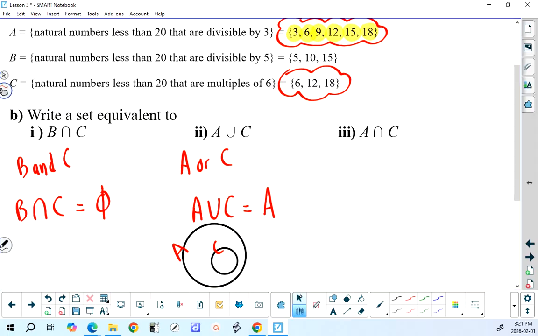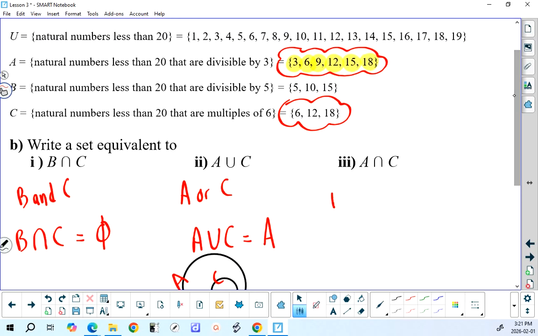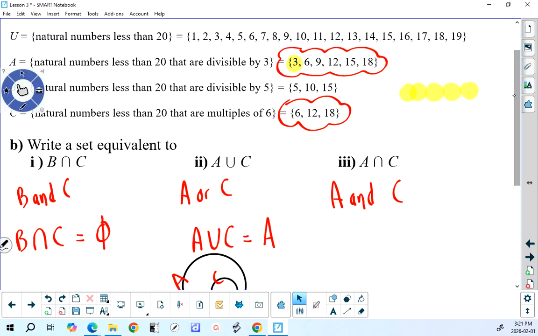What about A and C? Well, that means it has to be in both. What elements are in both sets A and C? Well, the 6 is, the 12 is, and the 18 is.